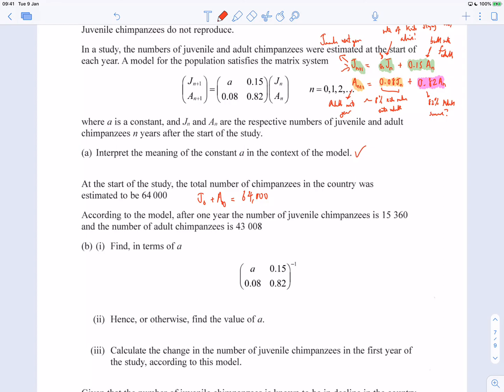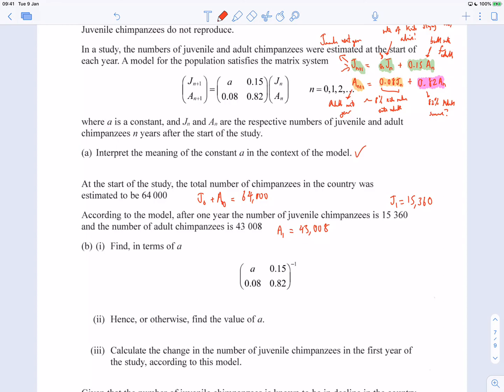According to the model, after 1 year, the number of juvenile chimpanzees J1 equals 15,360 and A1 equals 43,008. Just adding those 2 together, 15,360 plus 43,008 gives 58,368. They're going down a little bit.